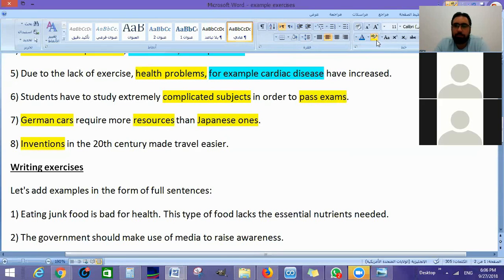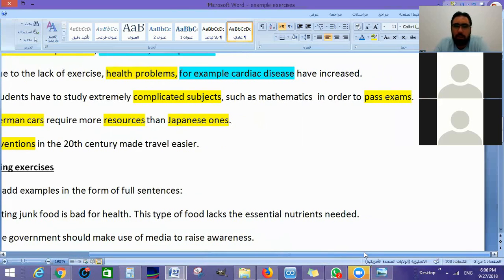Let's take a look at number 6. Students have to study extremely complicated subjects. So what could we put in as an example here? Such as mathematics in order to pass exams. Maybe we could give an example of a type of exam that we would do.